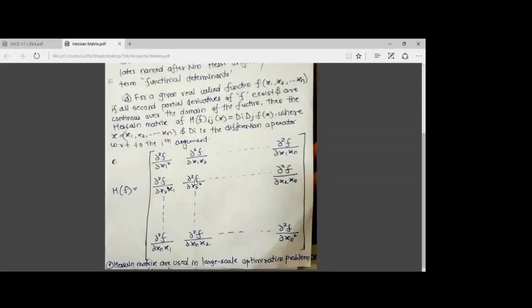So we have written ∂²f/∂x2². What would have been the third term? It would have been ∂²f/∂x2∂x3. Fourth term would have been ∂²f/∂x2∂x4. Till now we move towards the xn term. We have ∂²f/∂x2∂xn, right?